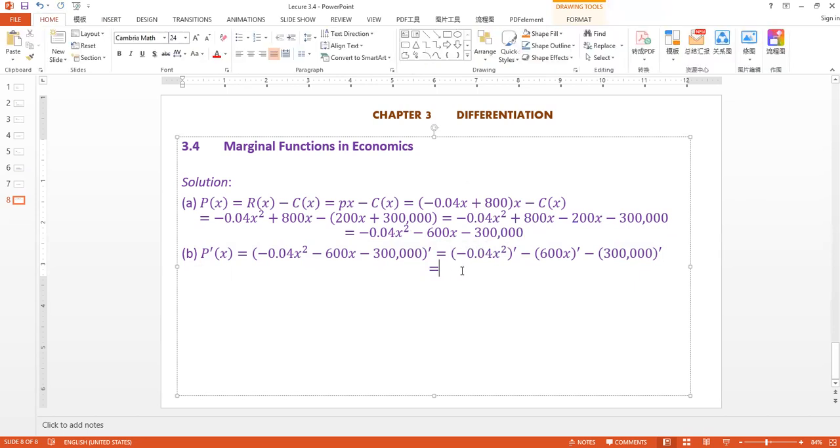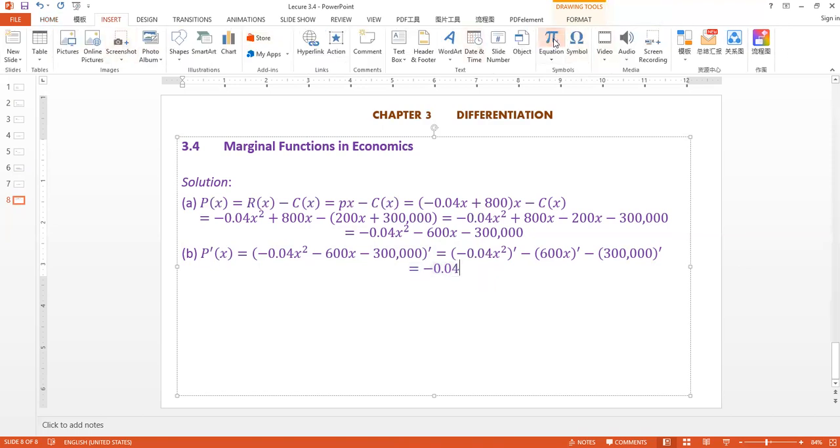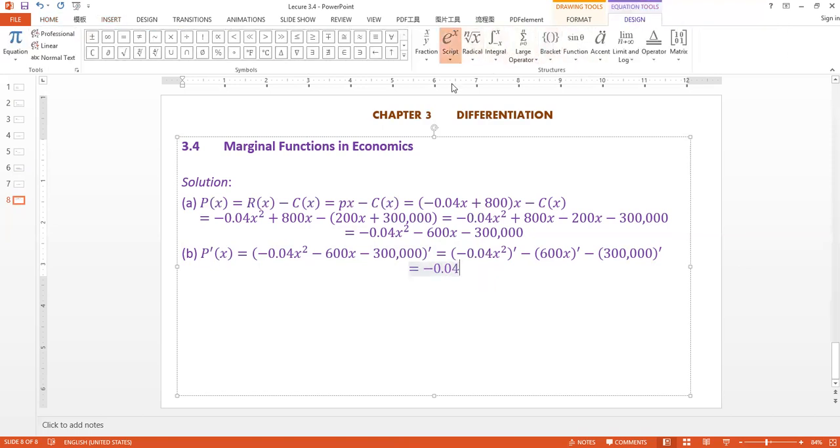So the first step, we can take out the constant from the terms. So if you take out -0.04 from the first term, then we got the derivative of x squared, isn't it? And we know how to do it.